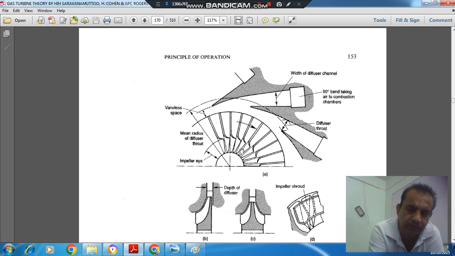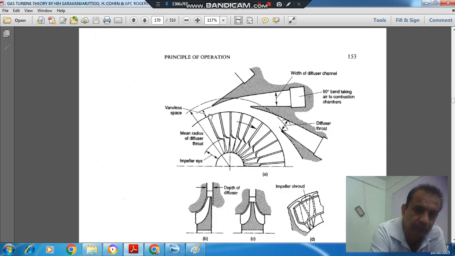So the impeller increases both pressure as well as velocity. It is because the impeller is imparting energy to the air, and that energy can be in the form of velocity or in the form of pressure or both. In this case the energy is in the form of both.